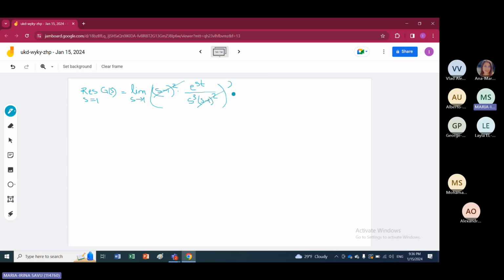You have a simplification, and this is t e at st times s cubed minus the function times 3s squared, over s to the sixth.